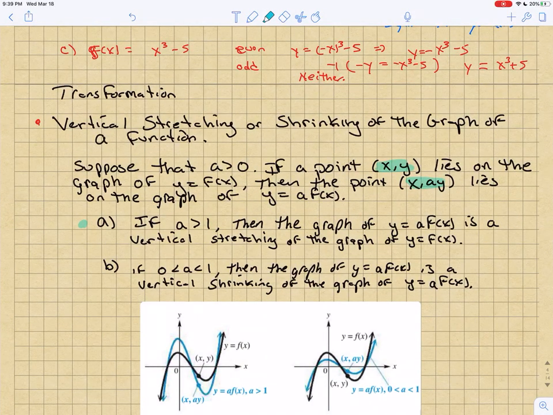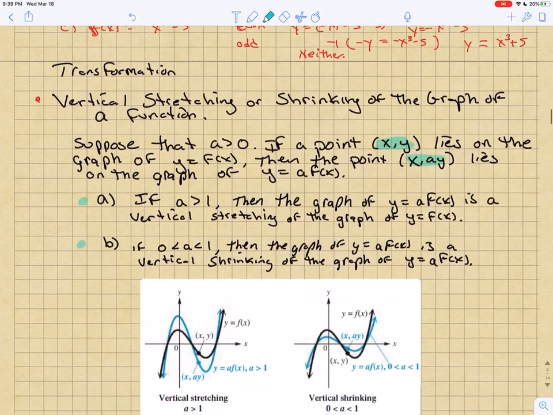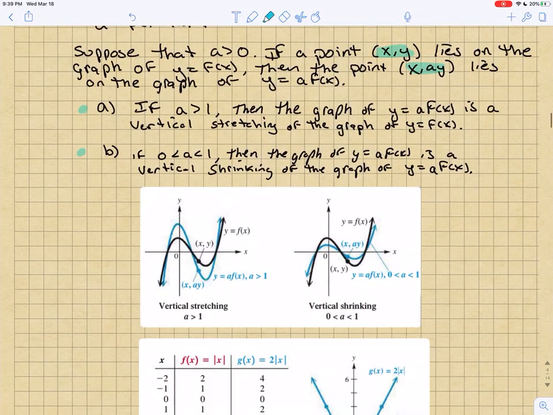So it says if a is greater than 1, the graph of y equals a f of x is a vertical stretch of the graph of y equals f of x. And in B, it says if a is between 0 and 1, not including 0 and 1, then the graph of y equals a f of x is what we would call a vertical shrinking of the graph of y equals f of x. So here's an example.